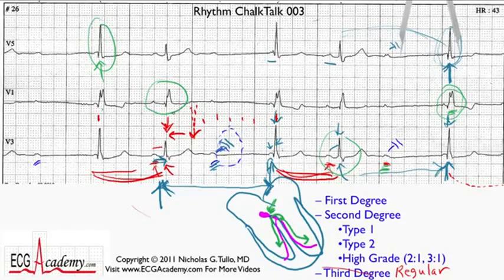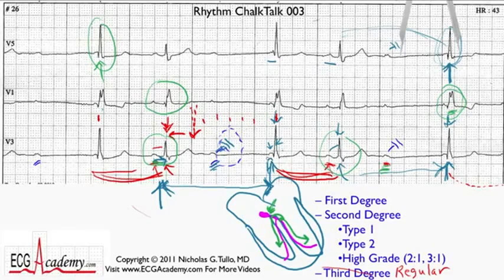All right, so that is a pretty advanced concept, and I don't expect you guys to get it right away, but if you listen to this video a few times, and if you watch some of the videos that I posted on ecgacademy.com, I hope you'll understand the physiology. So what we have here is type 2 second degree AV block, since you really only have one PR interval that is conducted.